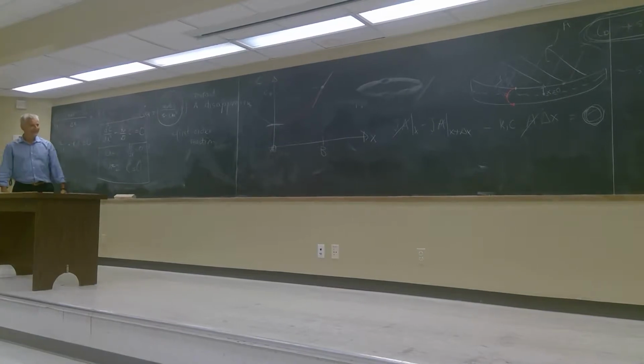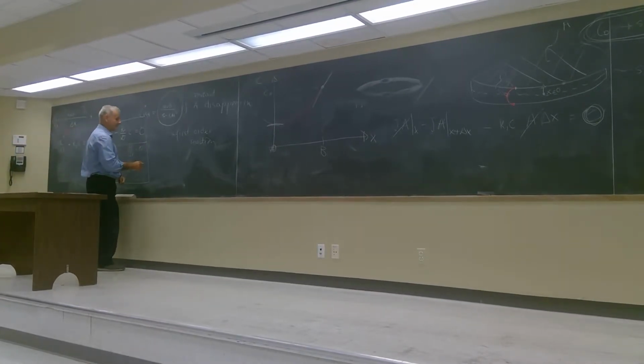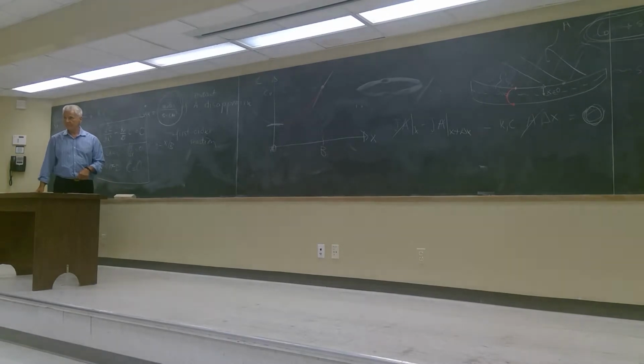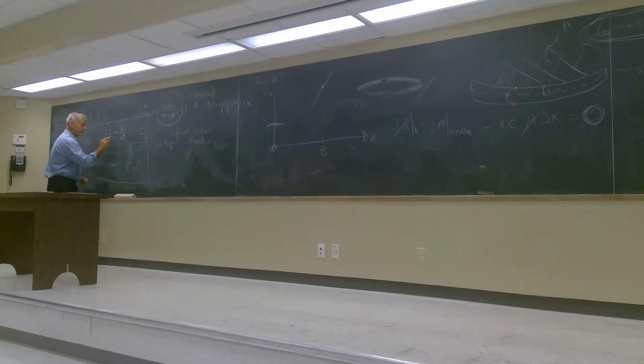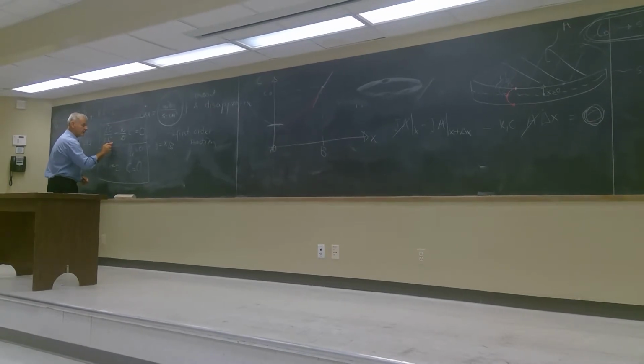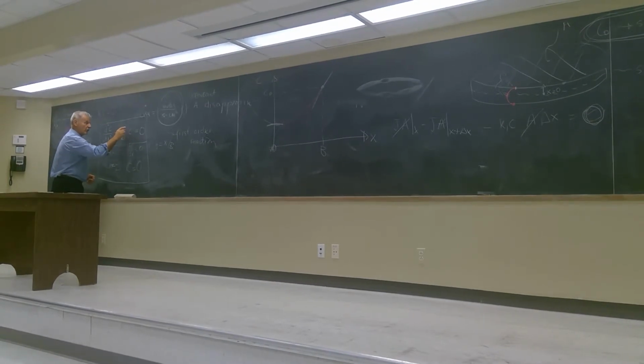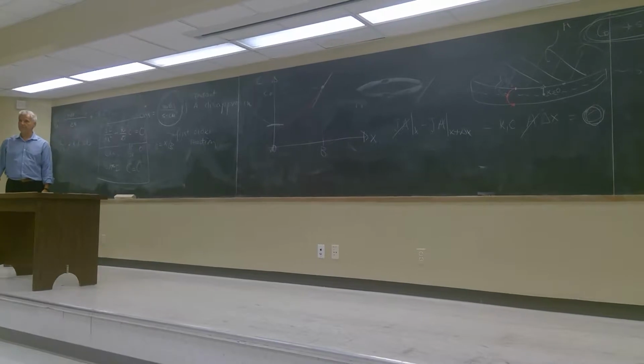Very good. In fact, if we say psi being equal to x over capital B, this is going to become over B squared, which means we multiply this by B squared. And we haven't changed anything.